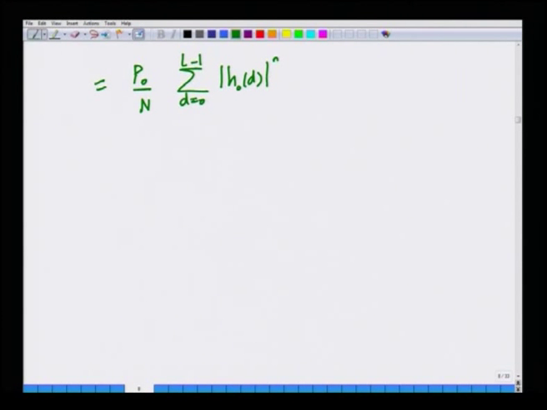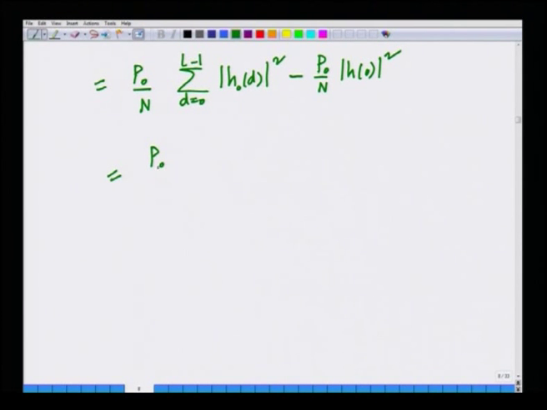H0 d whole square minus P0 over n H0 square. Remember, I am adding the d equals 0 component, which was not there in the previous expression, and I am subtracting the d equals 0 component.